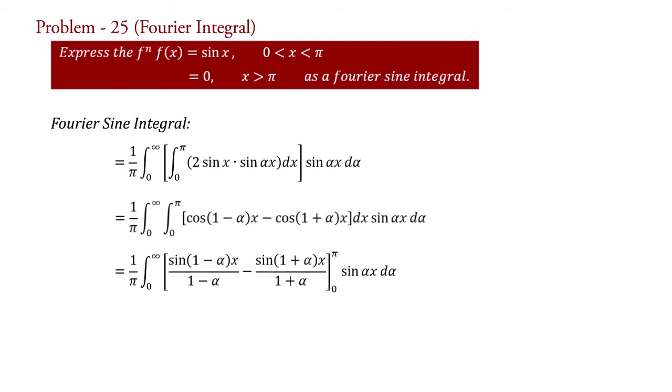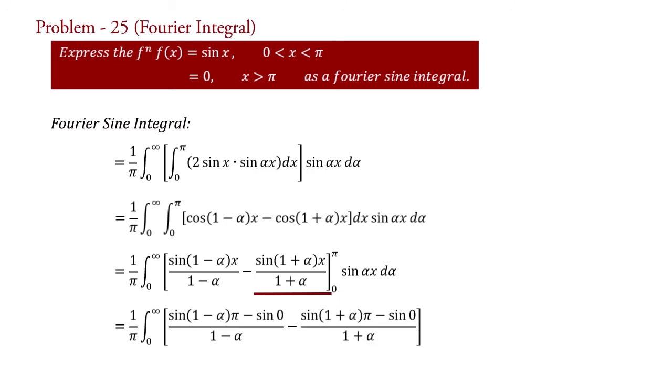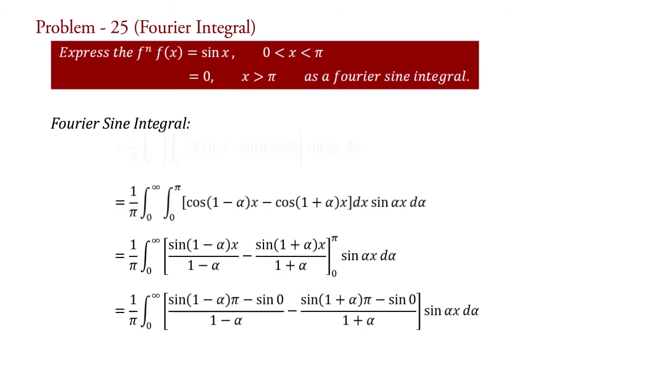Putting the values of limits, f of x equal to 1 upon pi integral 0 to infinity into sine 1 minus alpha into pi minus sine 0 upon 1 minus alpha, minus sine 1 plus alpha into pi minus sine 0 upon 1 plus alpha bracket over sine alpha x d alpha.